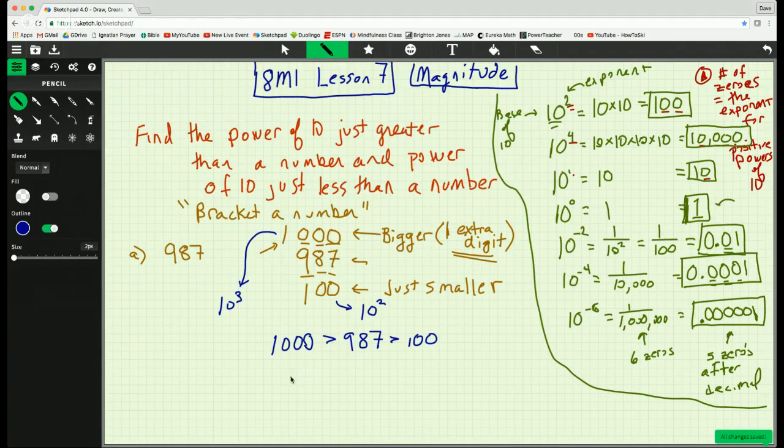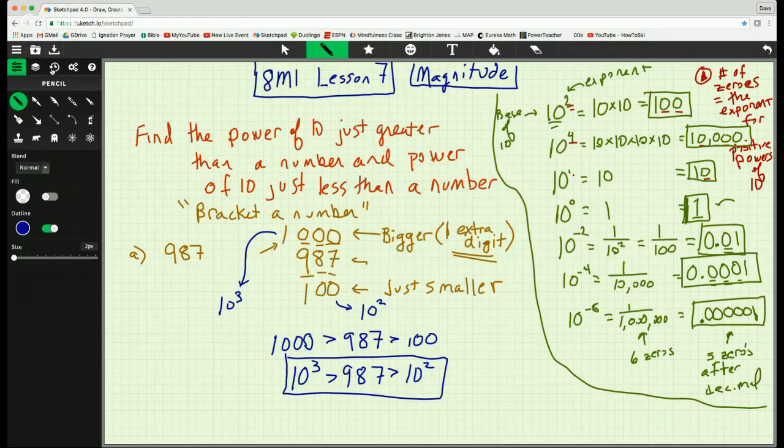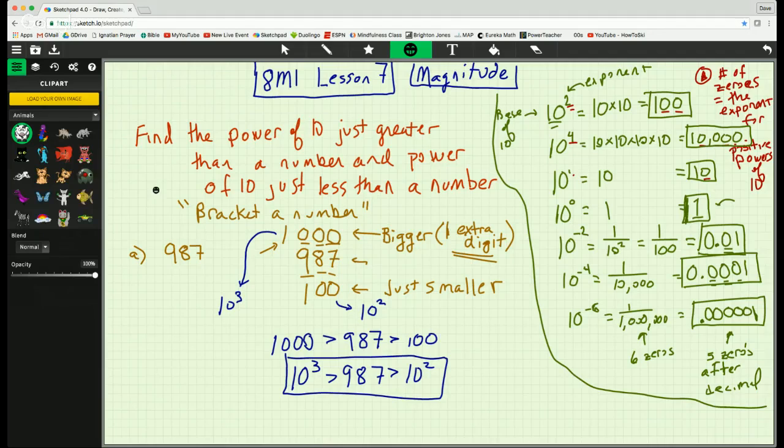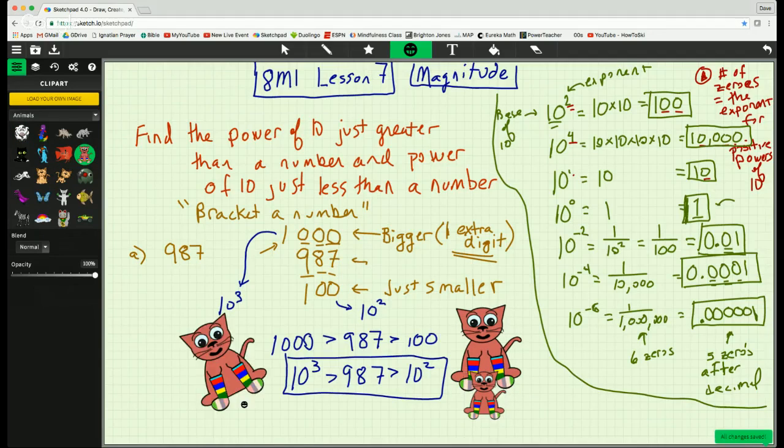Or alternately, 10 to the third is greater than 987, which is greater than 10 squared. And that's the object of a number of problems in today's lesson. So let's give ourselves a happy cat for that.